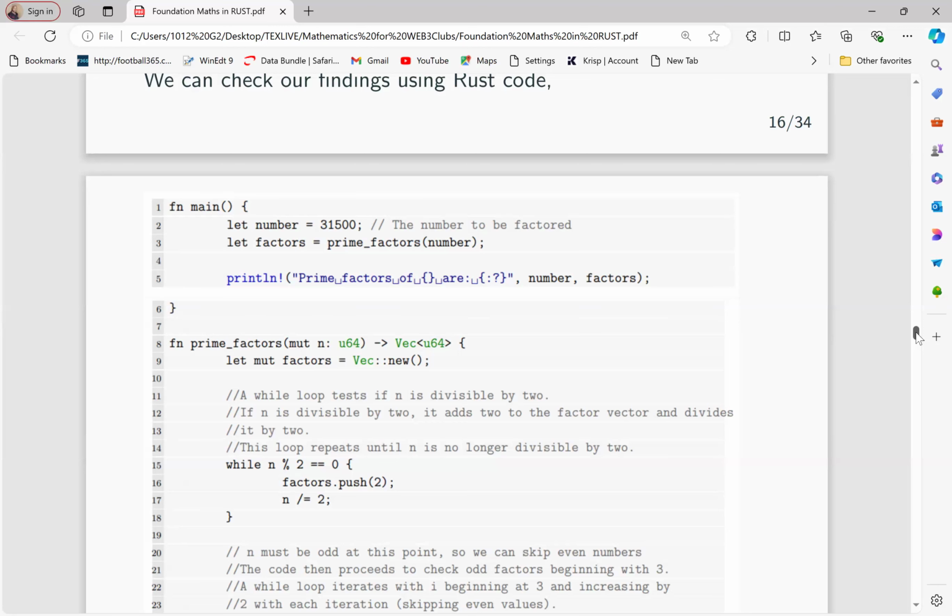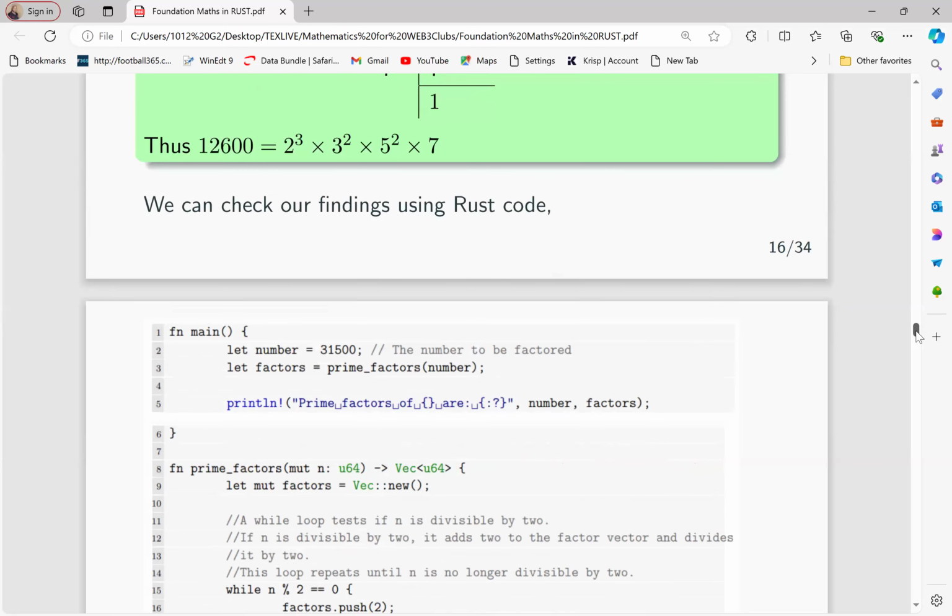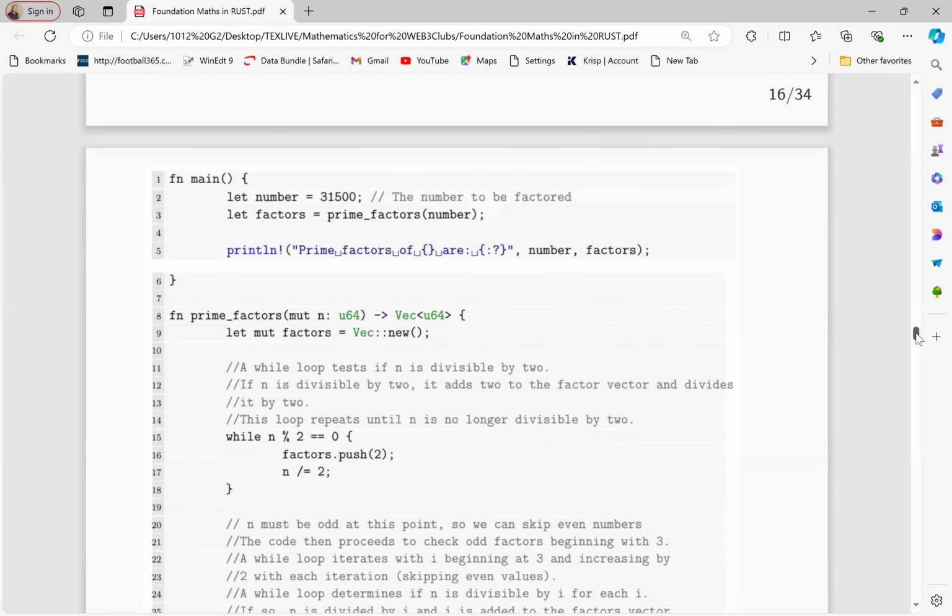Now, here is the code. This is a general code. It can give you factors of numbers up to millions, like 20 million, 30 million, and so on.